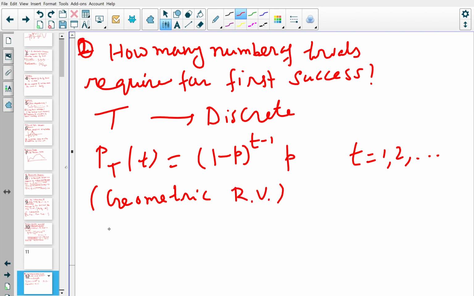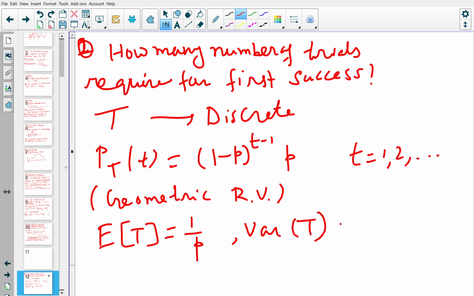Okay, and you obviously know that the expected value of T is 1 by p, and the variance of T is (1 minus p) by p squared. Okay, so this kind of time you are checking before the first success. What is the time required? Time means whether it is the first trial or second trial or third trial, like that. Okay, clear? So you easily get two types of random variables.